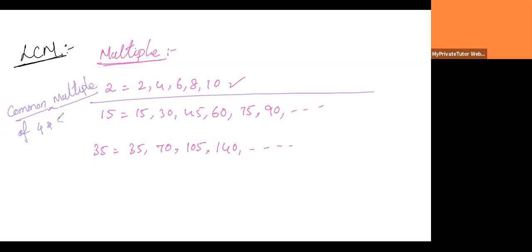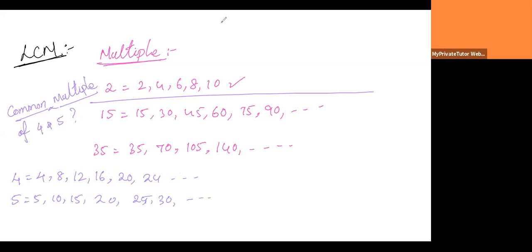What are the common multiples of 4 and 5? So what we do, we are going to write down the multiples of 4: 4, 8, 12, 16, 20, 24, and so on. Then multiples of 5: 5, 10, 15, 20, 25, 30, and so on.